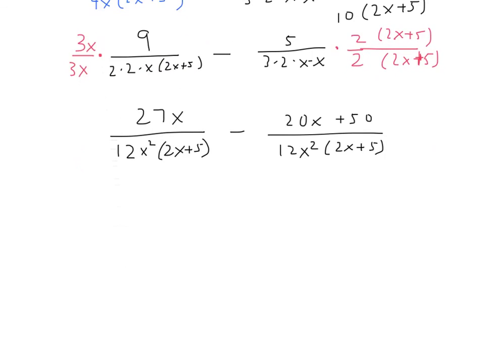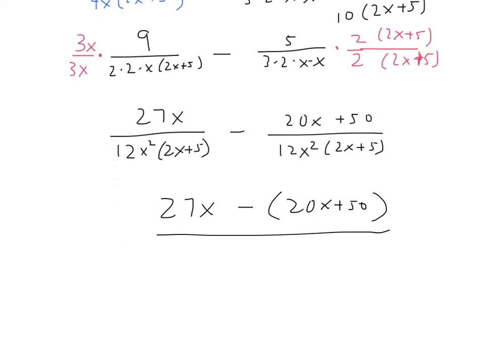All right, and lastly, we have to subtract. You always have to be careful because we're not just subtracting the 20x, we're subtracting this whole thing. To really show this work, I would show it as 27x minus this quantity, 20x plus 50, over all of this, 12x squared times 2x plus 5.